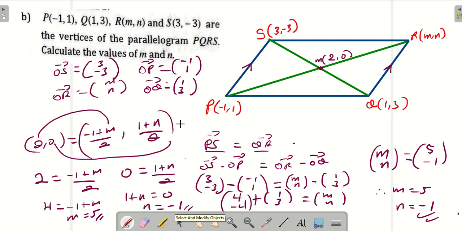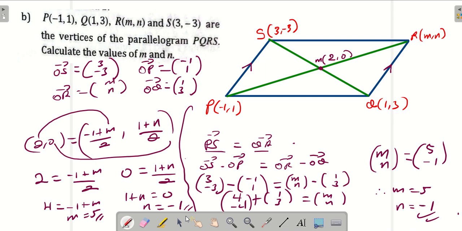Is that right? Which of the approaches do you like, first or second? I use coordinate geometry for the second. I use vectors for the first one. Remember that it is a WASSCE question, so they will not tell you to use the vector approach. You can use any of the methods. You can even use thousands of methods.